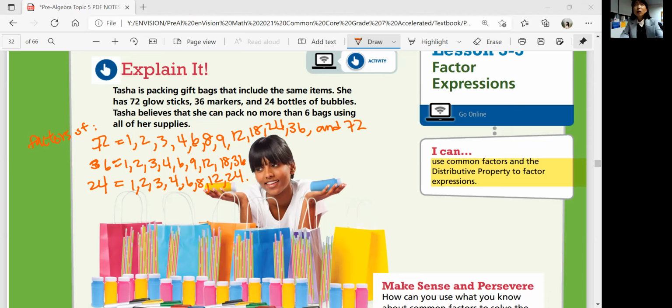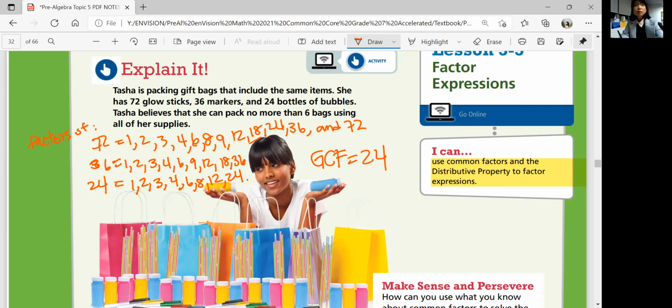See if there are any same factors that you see. We got 1, 2, 3, 4, 6, no 8, 12, not 24. We have not 18, not 36. So the greatest common factor, GCF, is 24, right?